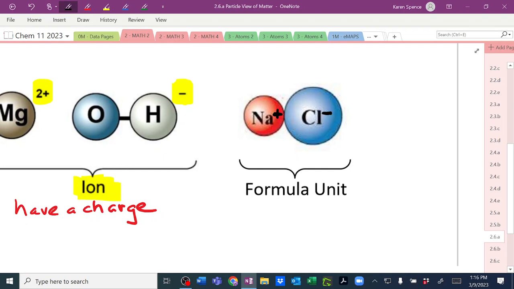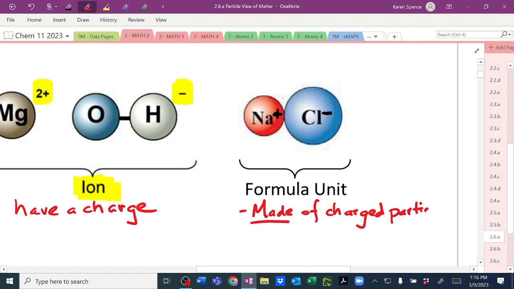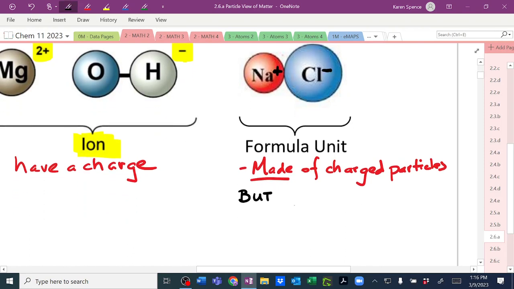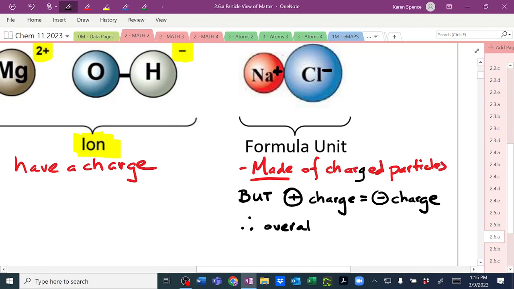So although it is made of charged particles, the positive charge is equal to the negative. Therefore, overall, it is neutral.